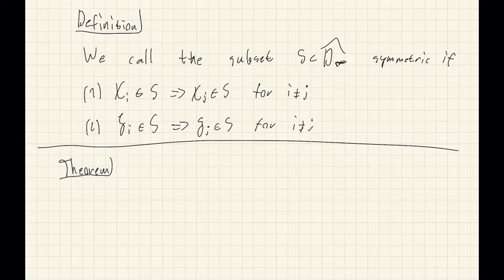So actually there will be four cases, and I will write down only one case.